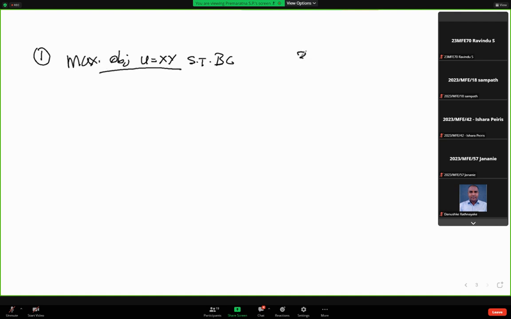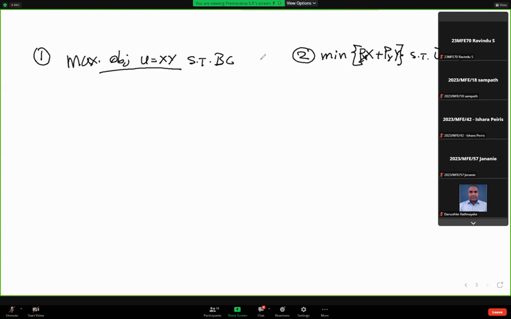The other thing we did, duality: minimize cost or budget, that is, minimize expenditure subject to a given amount of utility.